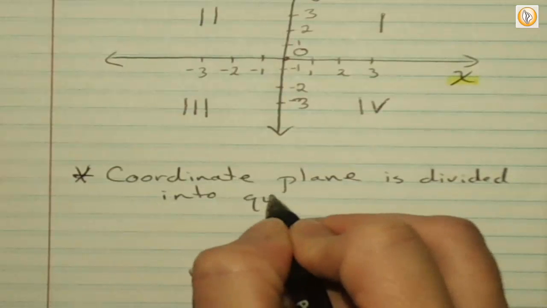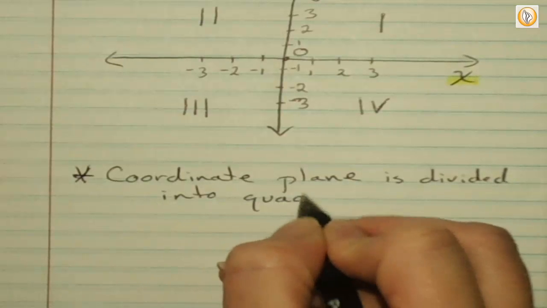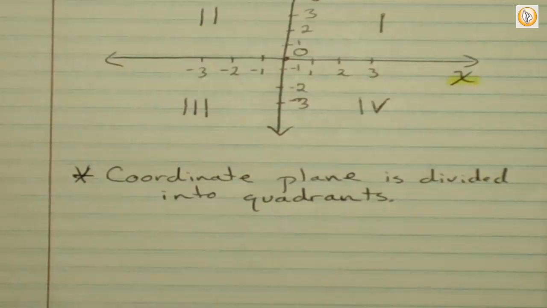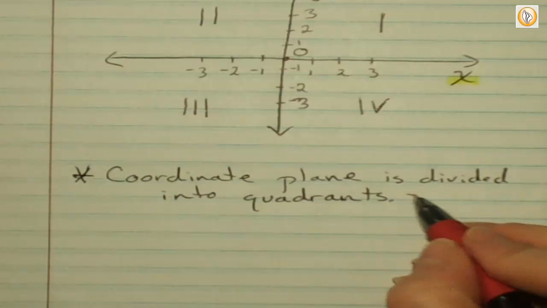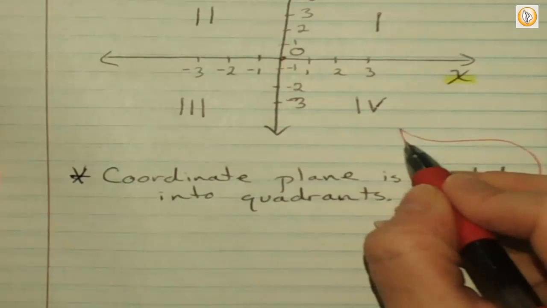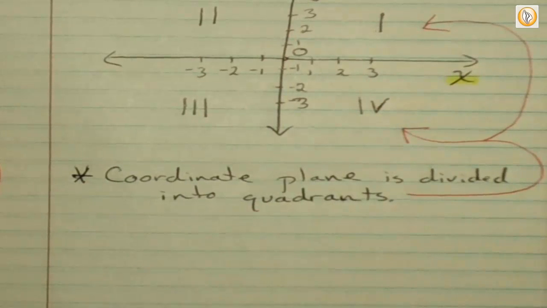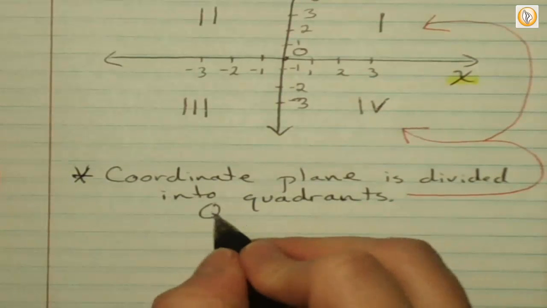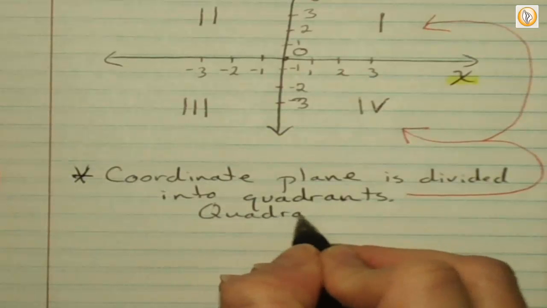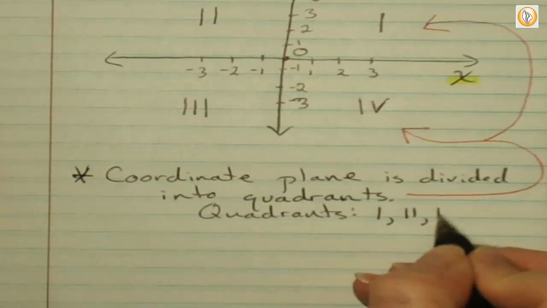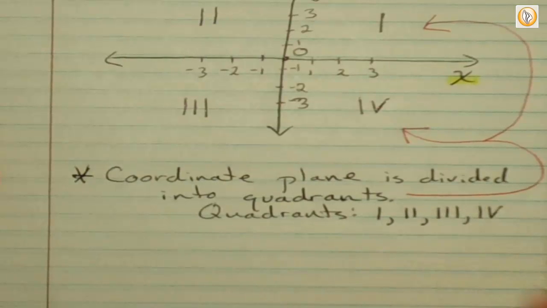All right, the coordinate plane is divided into quadrants. I'm just putting it in words in case you forget and wonder why these Roman numerals are here. Quadrants: 1, 2, 3, 4.